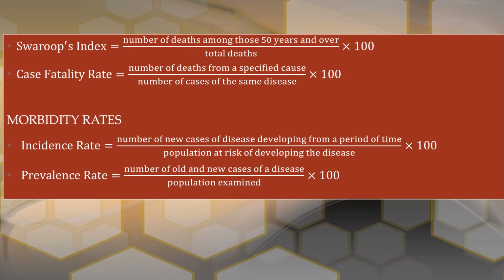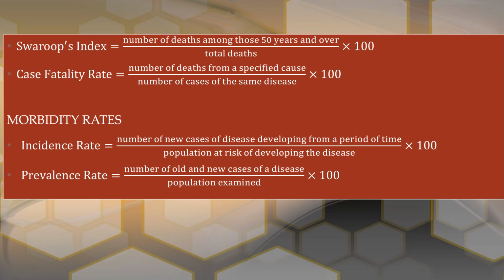So for example, if we compare the case fatality rate of the previous years up to the current years, and if we see an upward trend, maybe we would like to review and reassess our healthcare interventions, specifically in the community. Why is there an increasing rate of deaths from hypertension and what can we do?